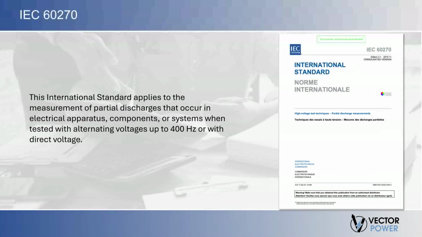Hey, let's not forget about our international partners, the IEC 60270. This international standard applies to the measurement of partial discharge that occurs in electrical apparatus, components, or systems when tested with alternating voltages up to 400 Hz or with direct voltage.